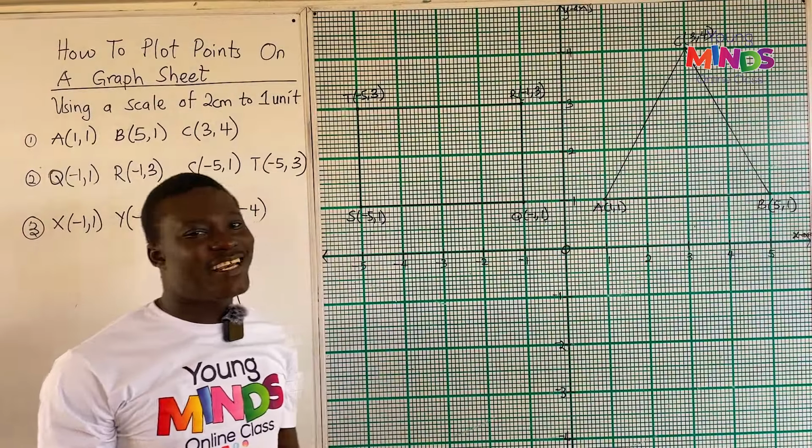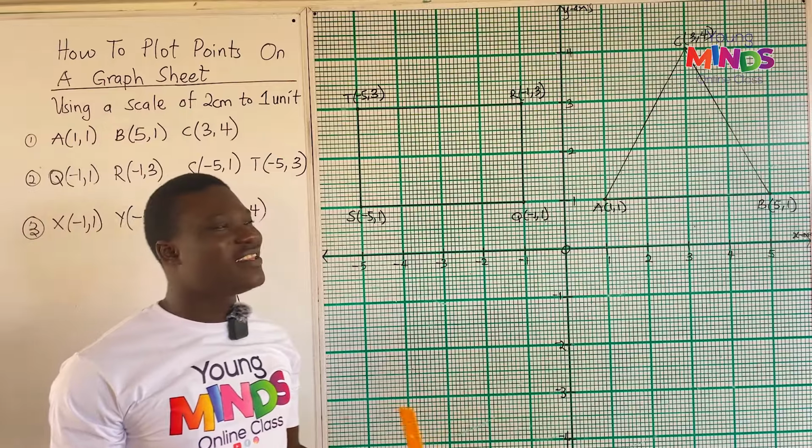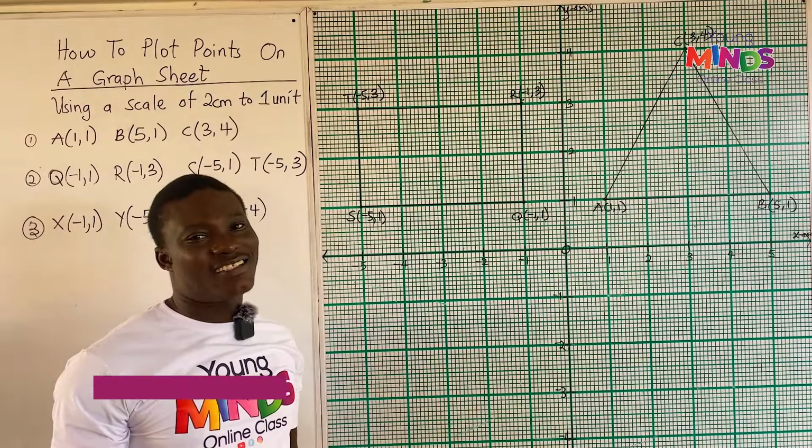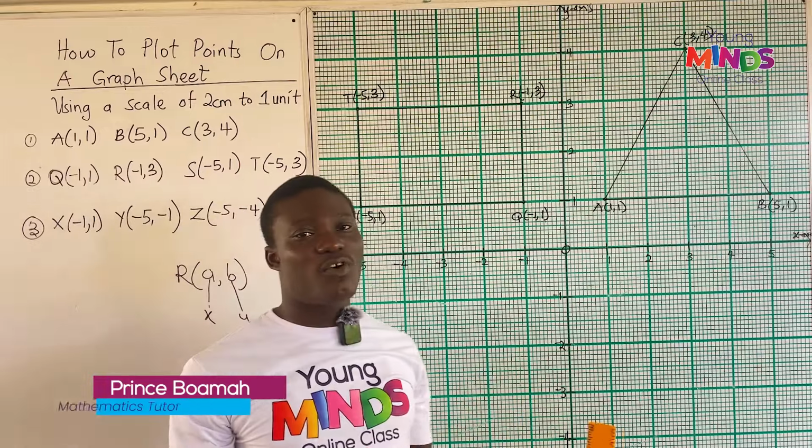I hope you can guess the image formed. Yes, it is as you think, a rectangle. This is how to plot points and join the points to form shapes.